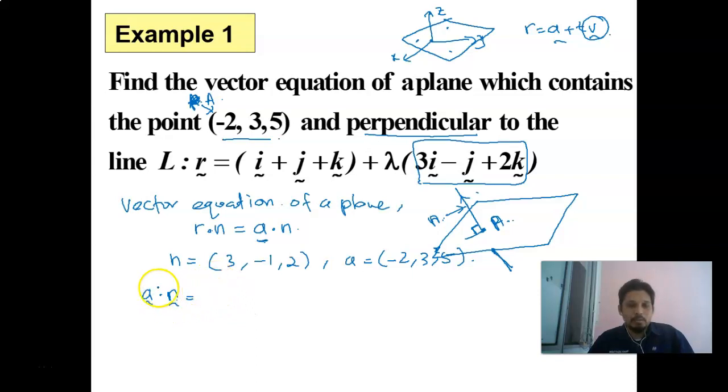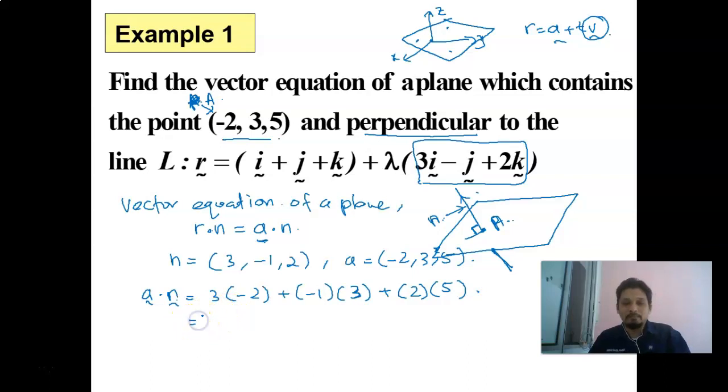Then a dot n is the scalar product, meaning that the elements in i are multiplied with the i here: 3 times -2 plus -1 multiplied with 3 plus 2 multiplied with 5.